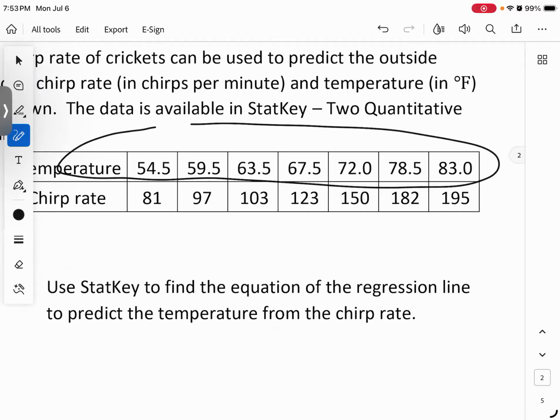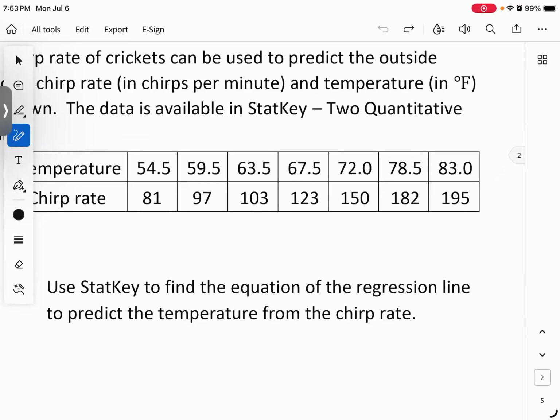The temperature also seemed to be going higher and higher. So there might be a relationship there, right? That as crickets chirp more quickly, it corresponds to a higher temperature.